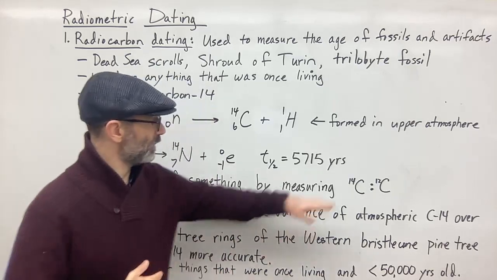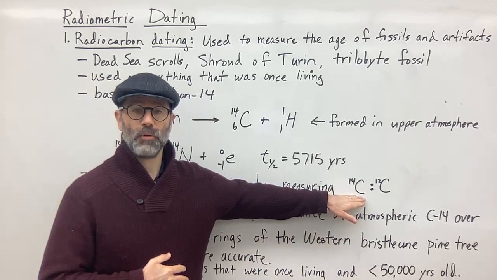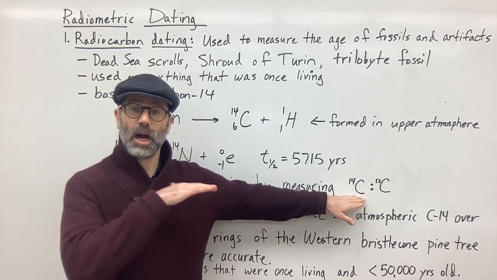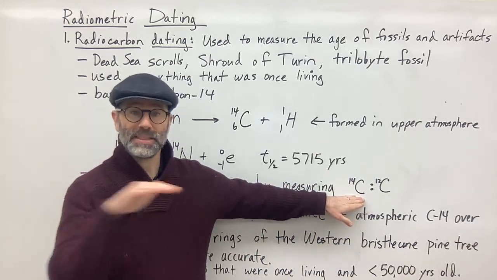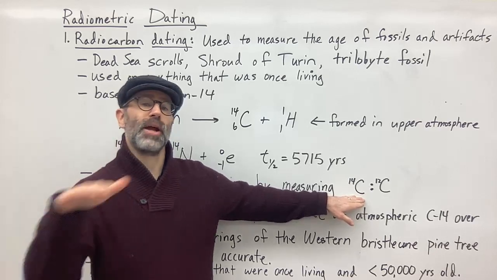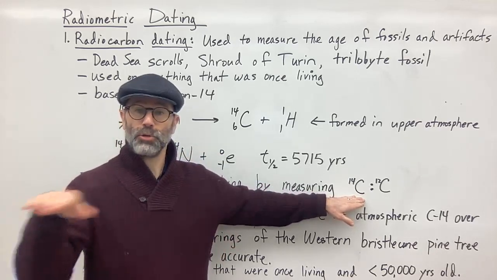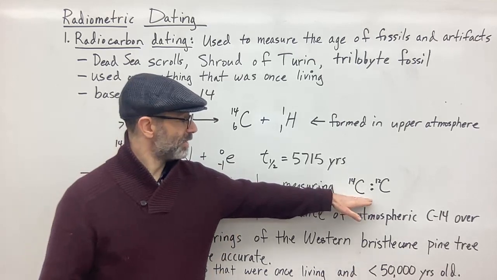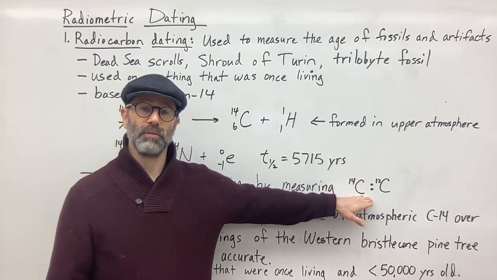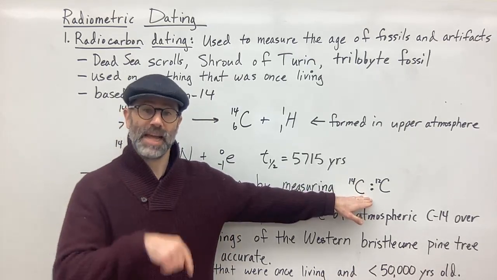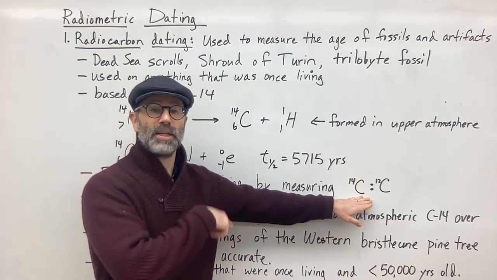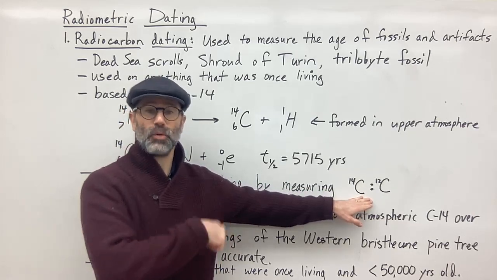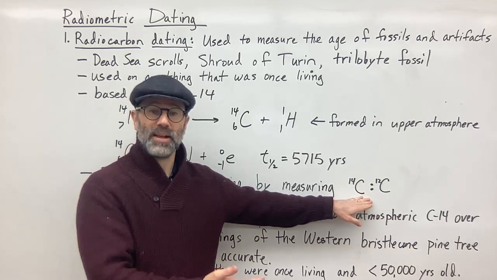Then if I know what the original amount of the carbon 14 is, assuming that the carbon 14 that is present in the atmosphere today has been present at that same level through time, then I can say, well, the original amount of the carbon 14 is what I have in the atmosphere right now. So that must have been the original amount in the artifact or the living material when it was alive.